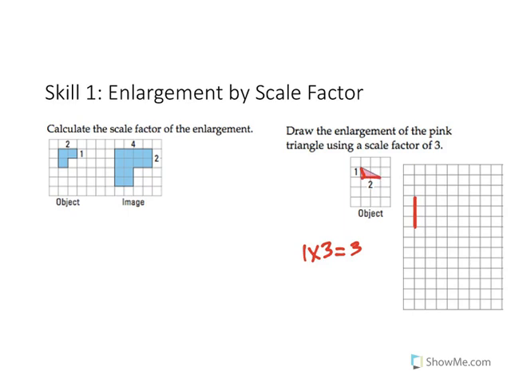And on the other side, if it's 2 wide, 2 times a scale factor of 3 makes 6 wide. So I have to go 1, 2, 3, 4, 5, 6. And then connect my triangle, and there you go. I have a new triangle that's been enlarged by scale factor 3. They're similar, yet one is larger by a whole factor of 3.